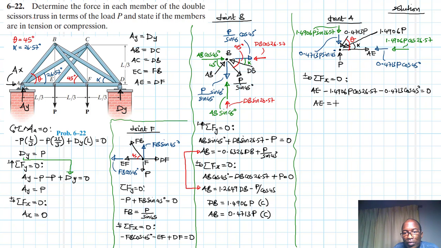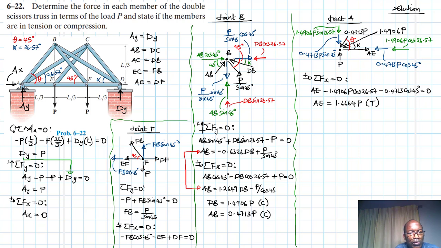Then we have a value of 1.6664p, and it is in tension. So 1.4906 cos 26.57 plus 0.4713 cos 45, 1.6664. Great. So we have this value for AE.